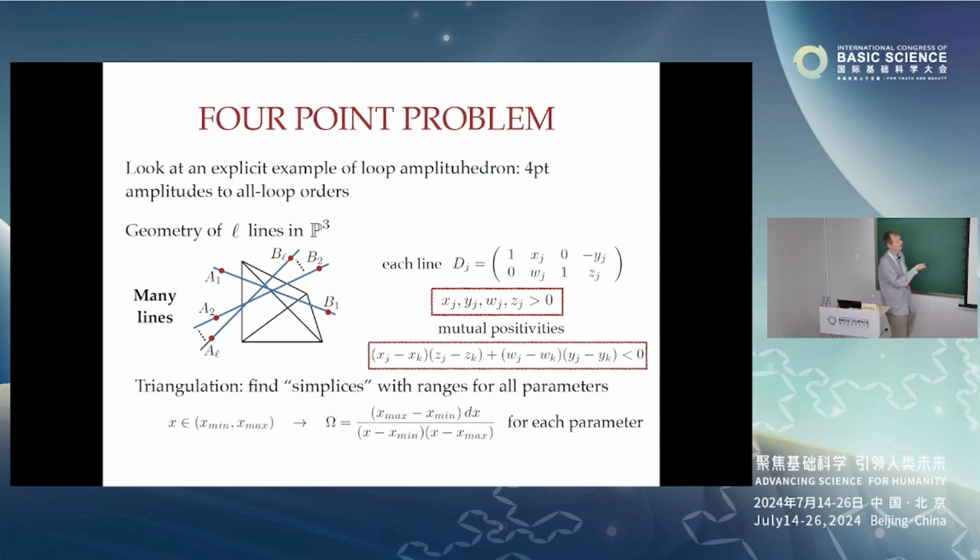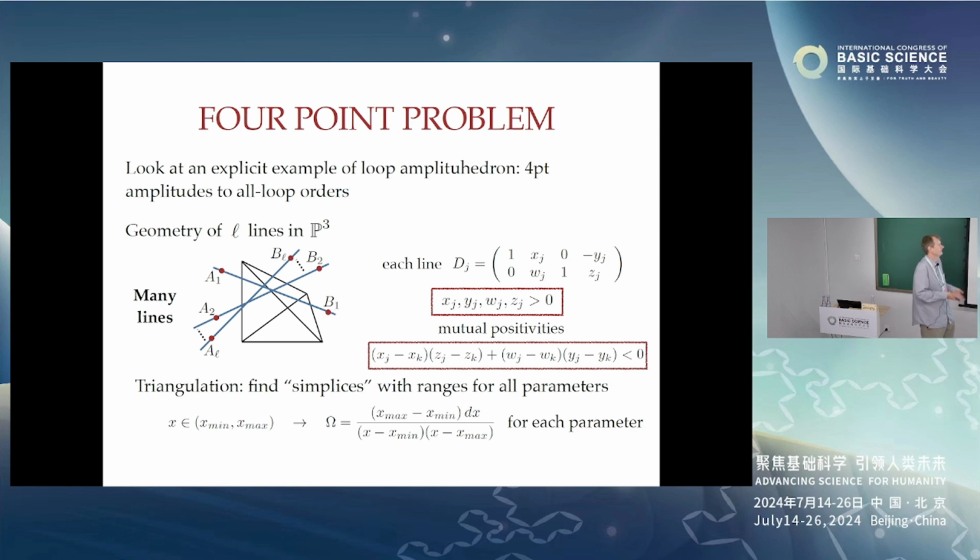For each pair of these labels, i and j, you have some quadratic inequality. For large L, it grows like L squared, it's L choose 2. So there is a huge number of quadratic inequalities, and this is a very hard mathematical problem. People say this is almost impossible to solve.